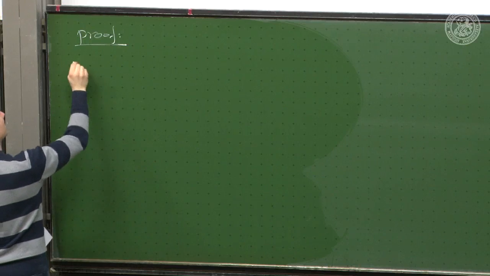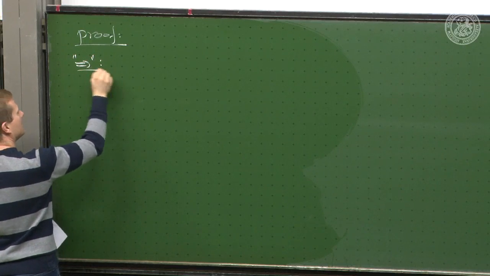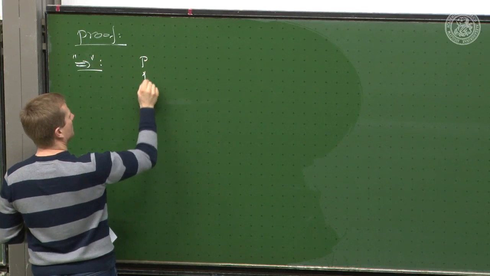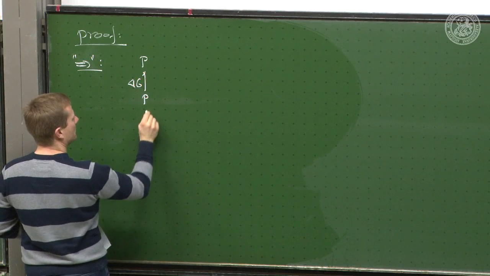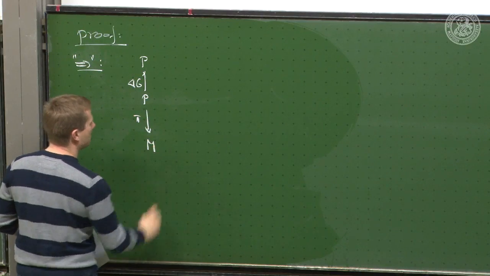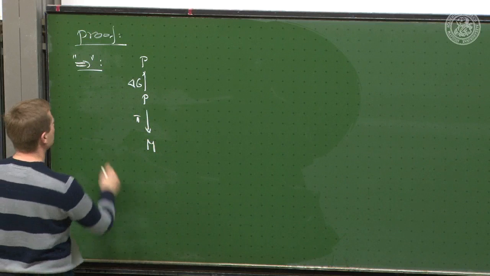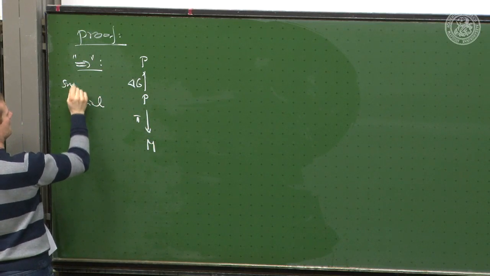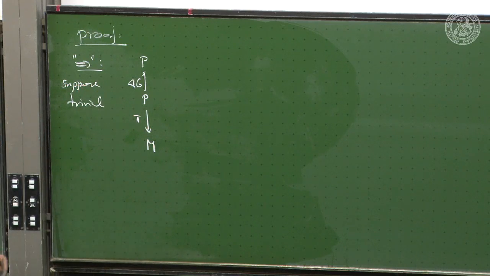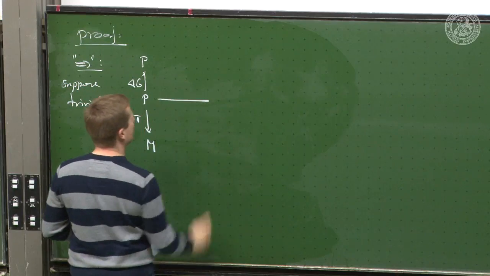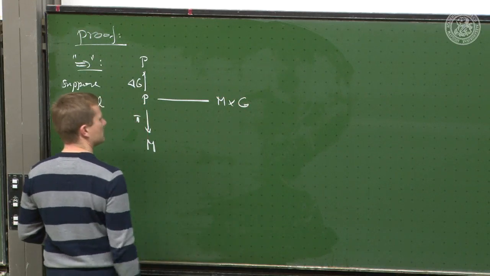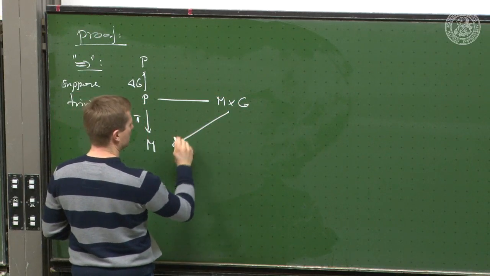Okay, so now we would like to understand this theorem a little better by proving it. So if we first go in this direction, that means we know the bundle is trivial, right? So P, G, P, pi, M, we know it's trivial. Suppose we have a trivial bundle. That means we do have a bundle map into M cross G that works like this.